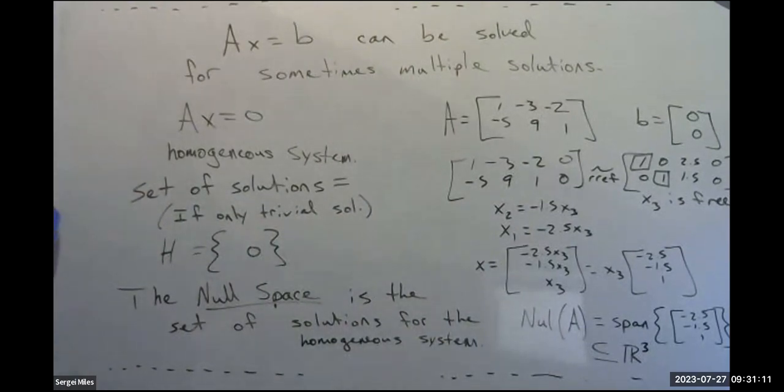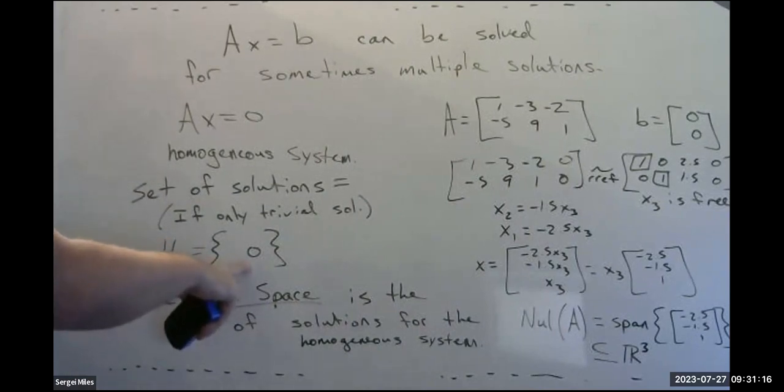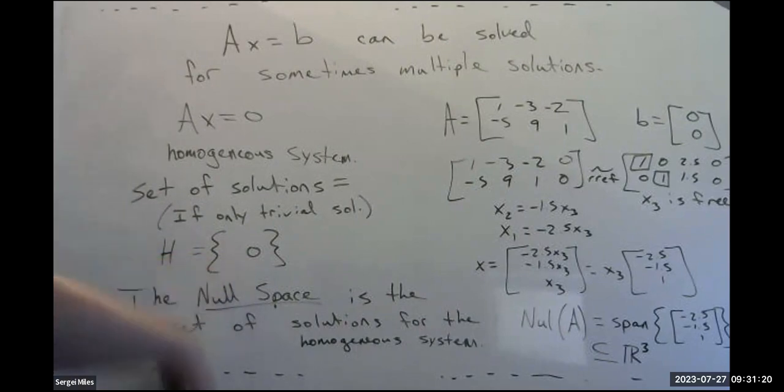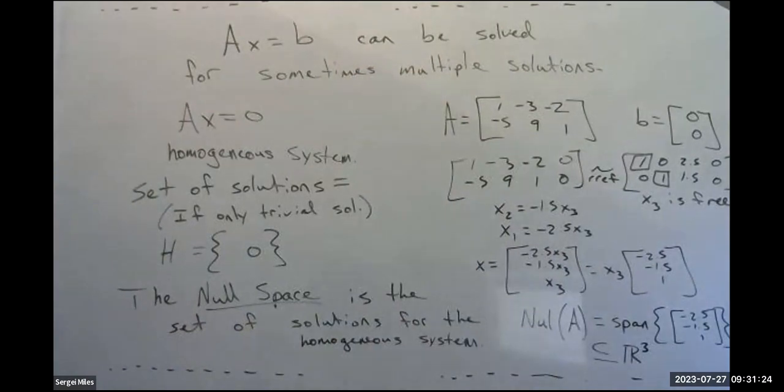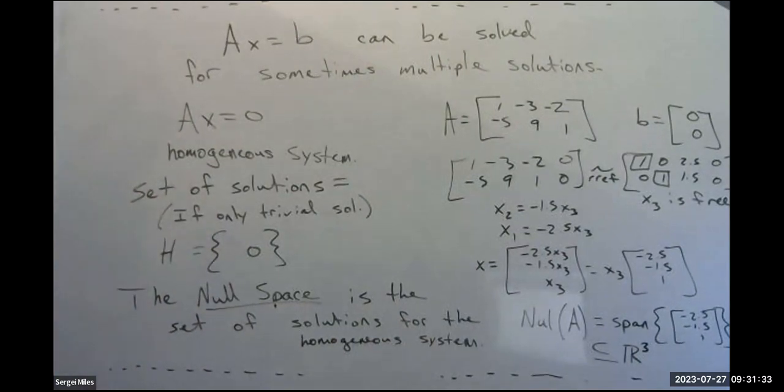We can also see examples of where a null space can be a space with only a single vector in it, or it can be a space with infinitely many vectors in it. And there's no in between. The null space can never be empty because you always have the trivial solution. So again, the null space can never be empty. All right.